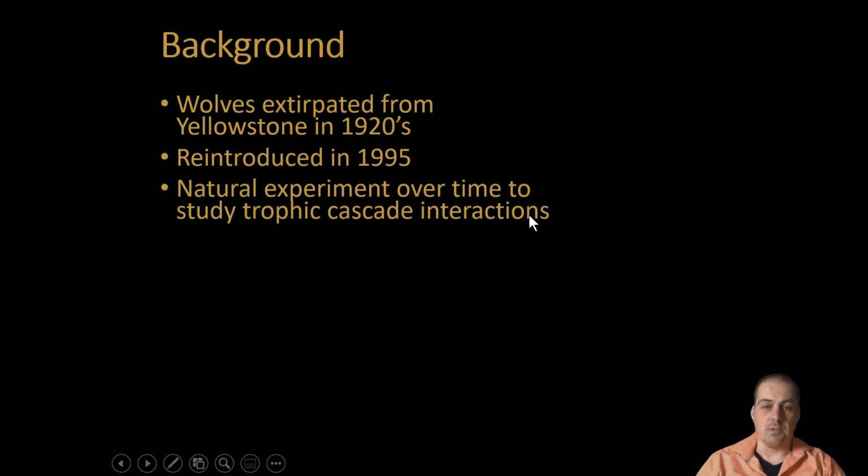This is perhaps the most classic example of a trophic cascade. So if you Google cascade, this is one of the top 3 examples that will come up, because it's essentially a natural experiment that happened in the wild, and we were able to get a lot of information from it, ecologically speaking.